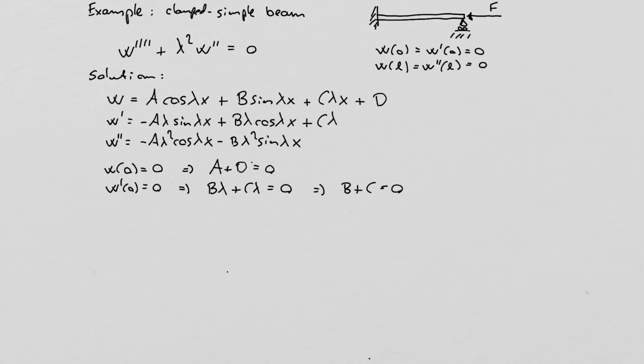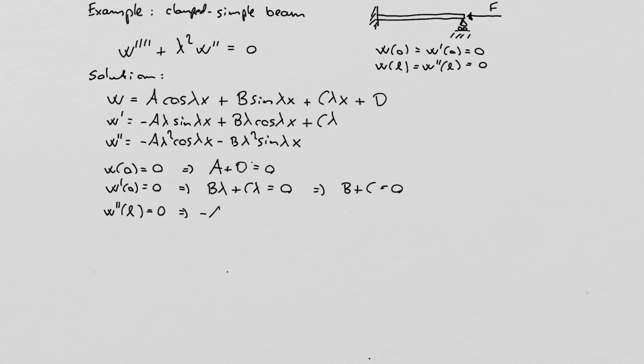And now going forward, we can see here that we still cannot explicitly determine any of the constants. We still need to go a little bit forward. As the next choice, we'll look at W prime prime of L equal to 0.